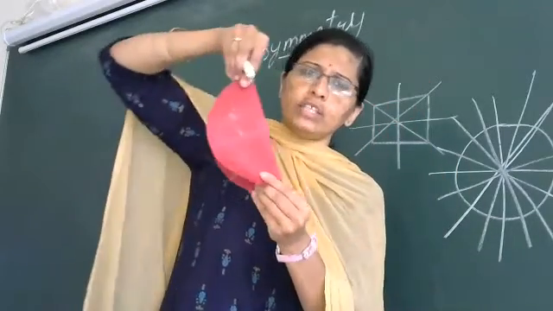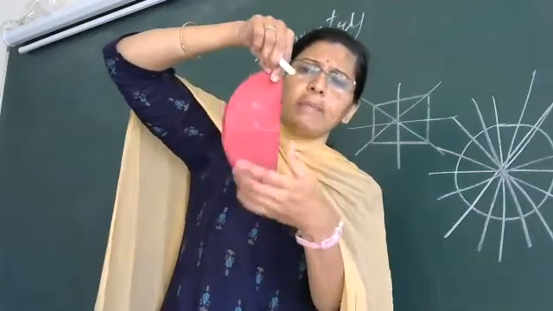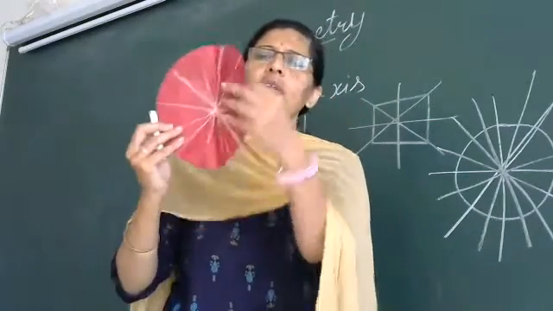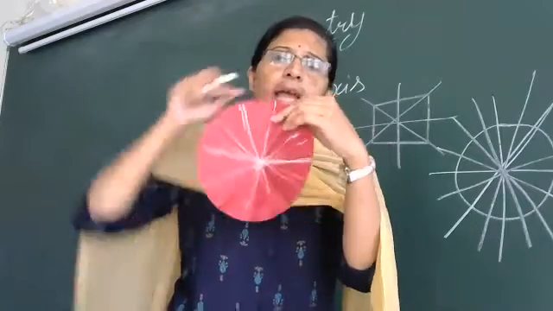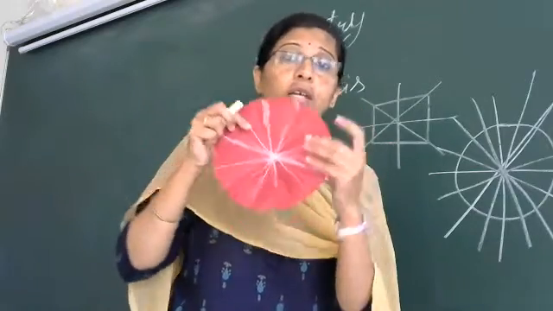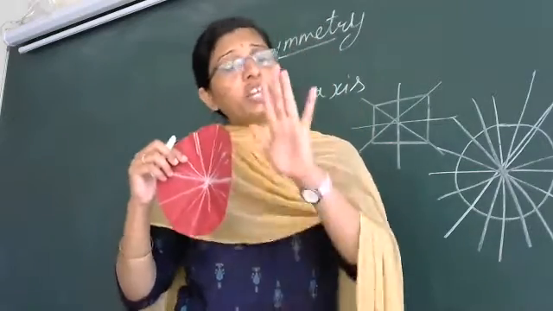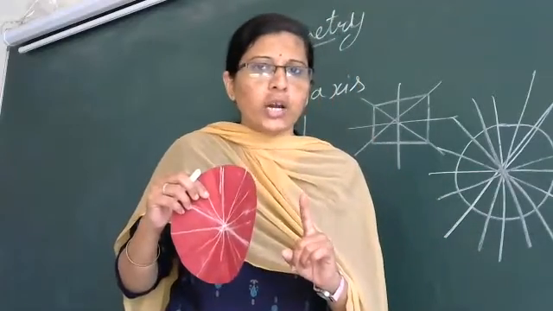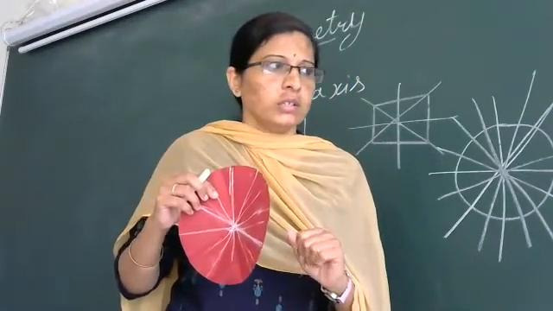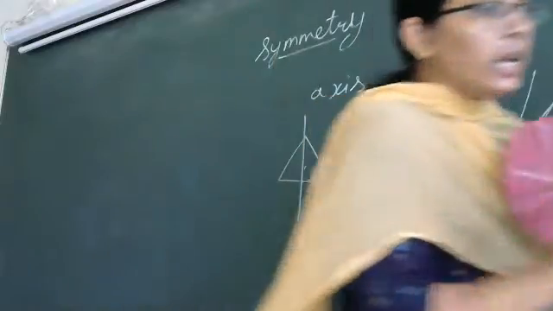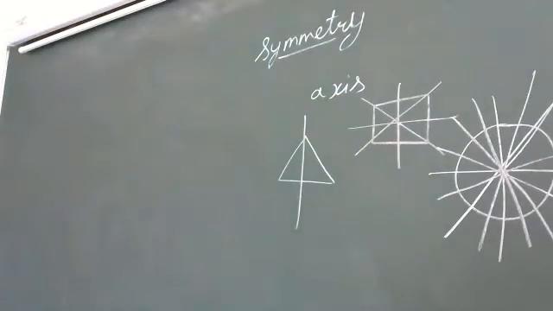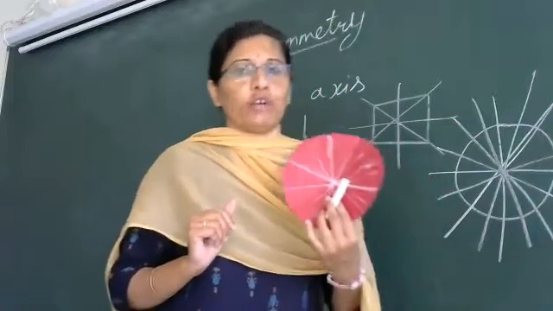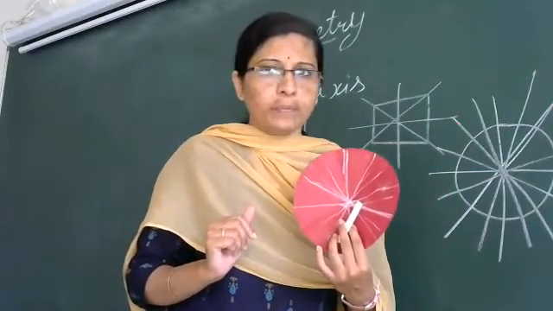If I fold cross, if I fold like this slanting, everywhere I can fold this circle, I will get a symmetrical shape only. Both sides same. Understood? Yes, ma'am. So a circle is such a figure which has many lines of symmetry, many axes of symmetry. Okay?